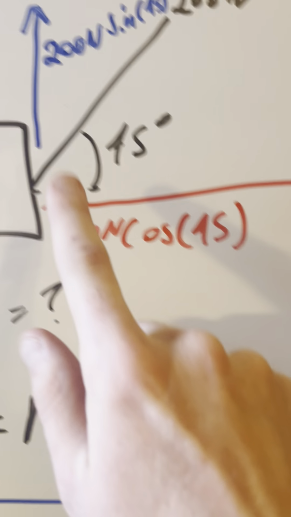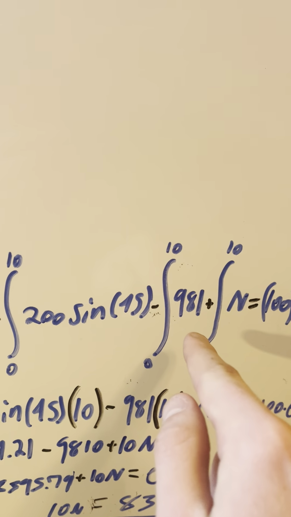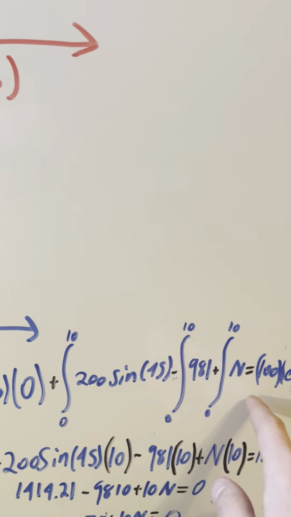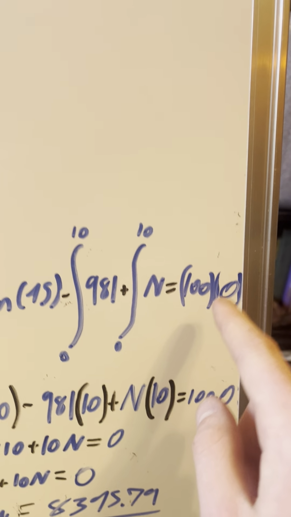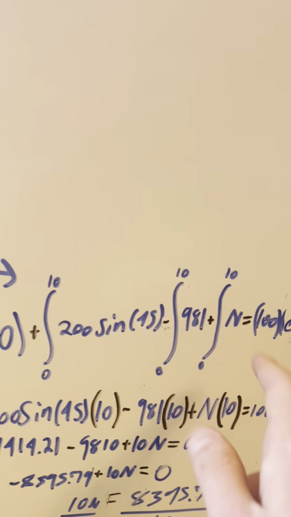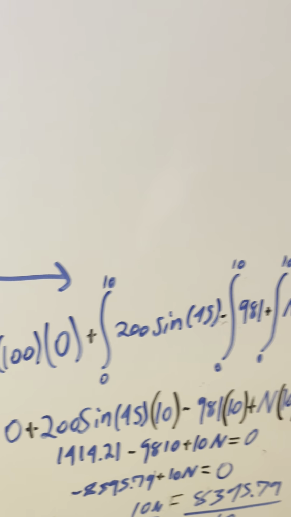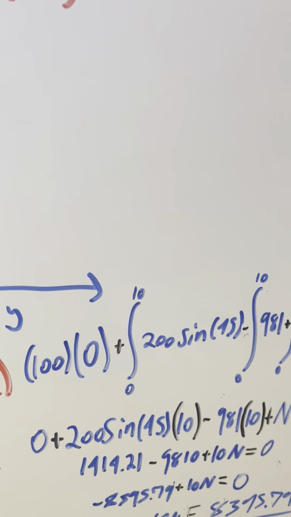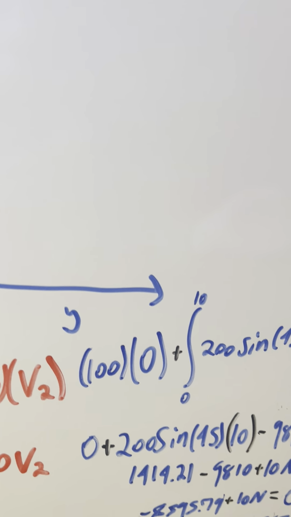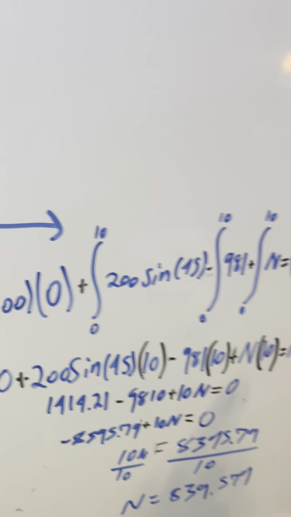Because remember, positive up, negative 981 down, plus the normal, which is up, is equal to 100 times 0. That's the mistake I made. I did 100 times v2, and then I was left with a formula with both n and v2 in it. And I did some other stuff that was wrong too.